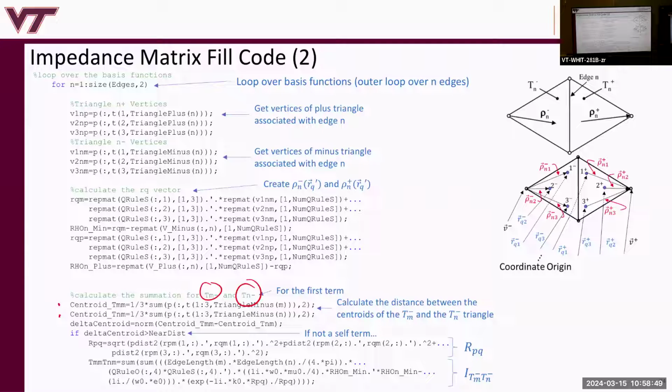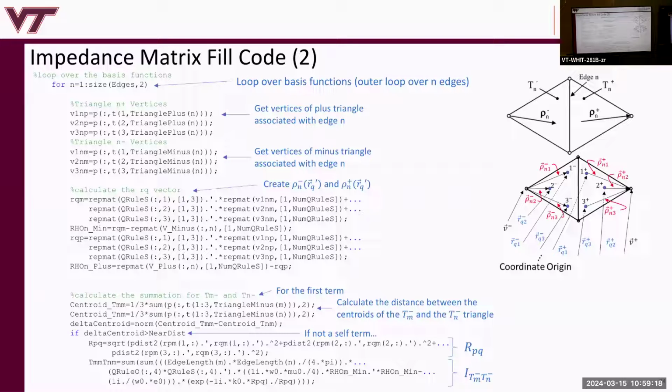So the centroid of Tm minus and the centroid of Tn minus are here. We take the sum of the 3 vertices and multiply by 1/3, same thing as a 1-point rule. Then we check delta centroid, which is the Euclidean distance, square root of x minus x prime squared, plus y minus y prime squared, and so forth, of the two centroids.